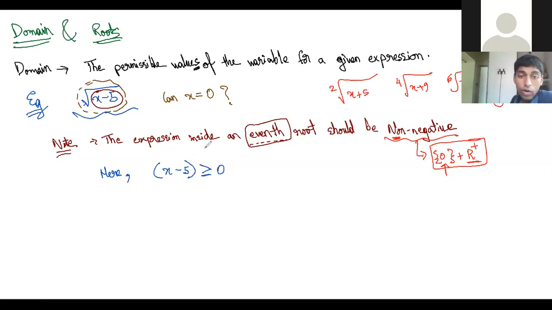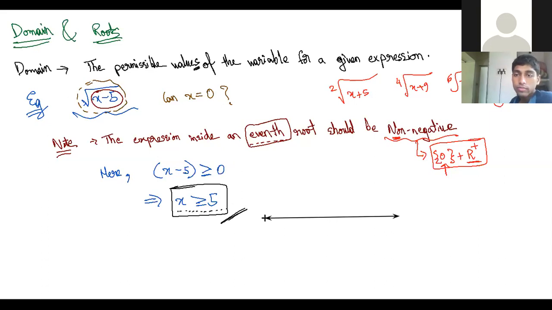Now it is allowed to add on both sides of the inequality, which means x is greater than or equal to 5. This part is fine. So this particular expression will have a domain which extends in this fashion.